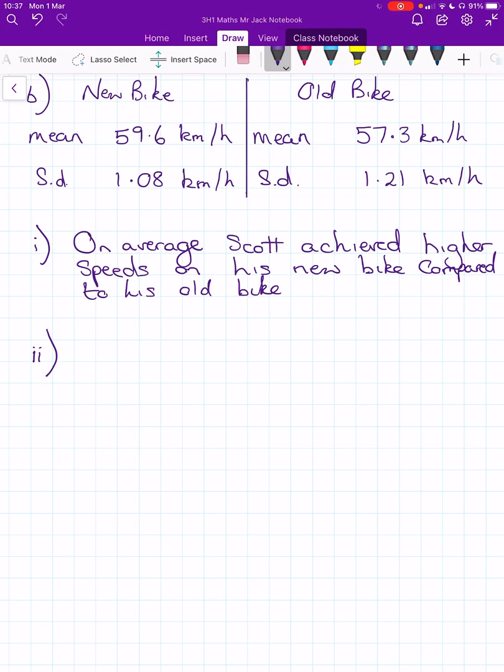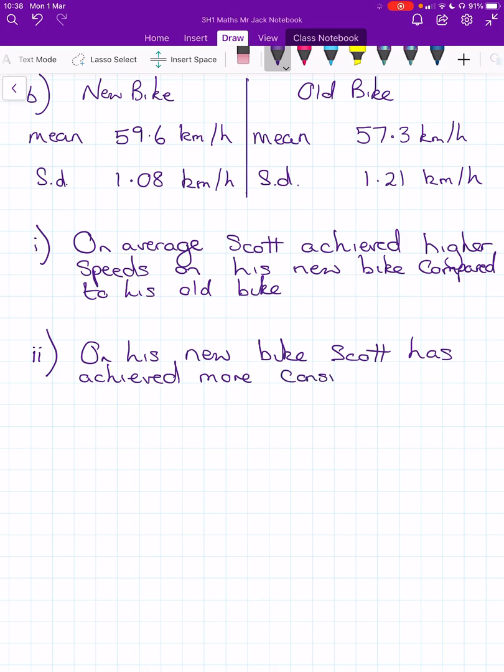So, start that again. On his new bike, Scott has achieved more consistent speeds.